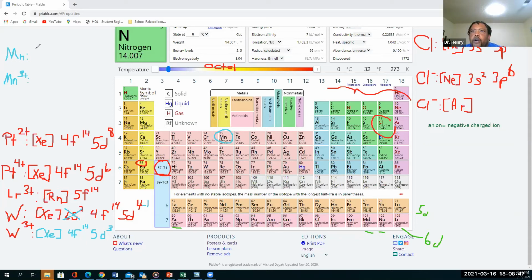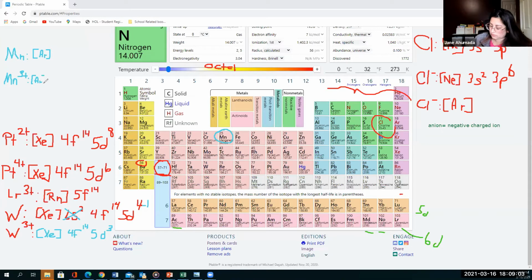So what is my core? Argon. Then 4s2. Right. 3d5.